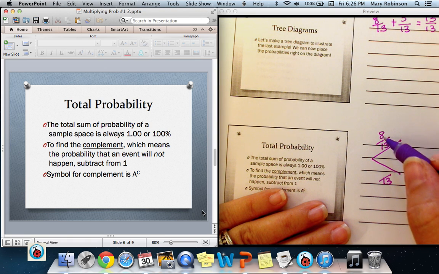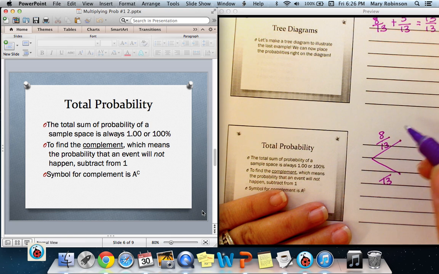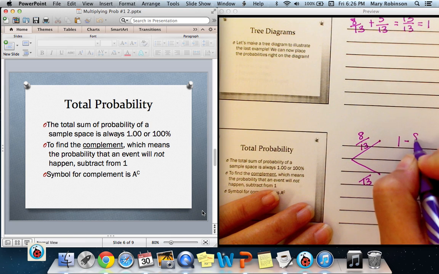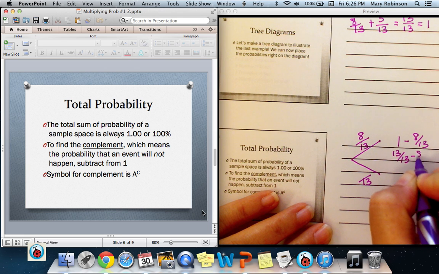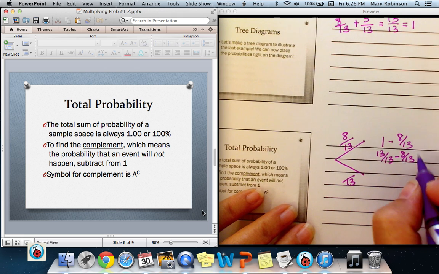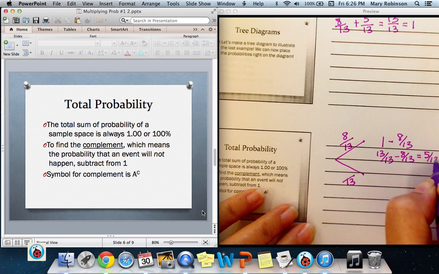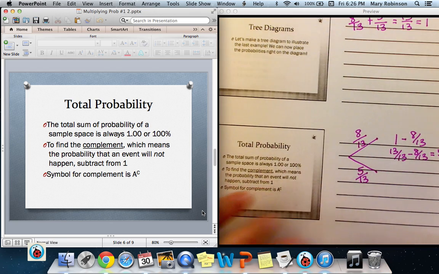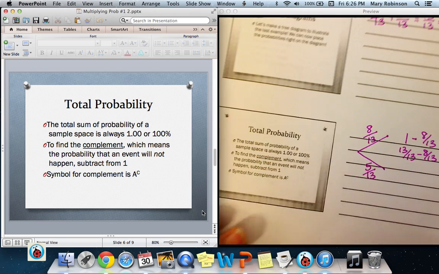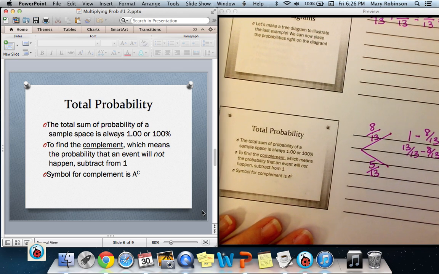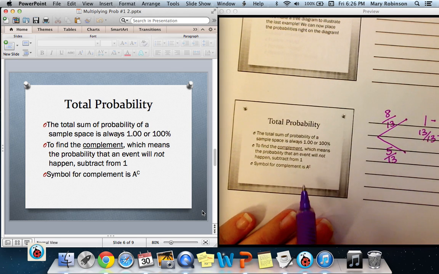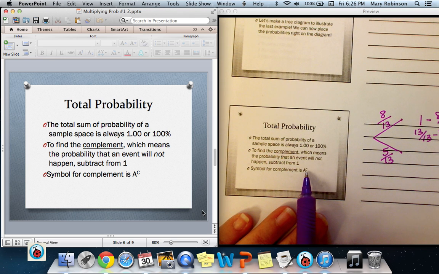So we can just subtract. So if we did 1 minus 8/13, or 13/13 minus 8/13, that would be equal to 5/13. So it's kind of working backward. So this would have been the complement. Okay? The symbol for a complement is A with a superscript C, so it looks like A to the C power, read as the complement of A.